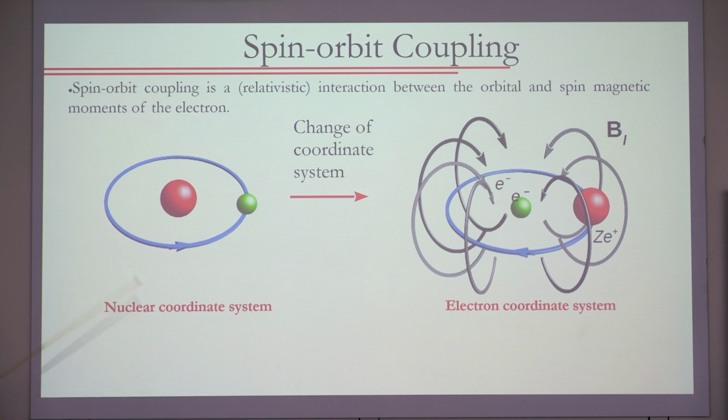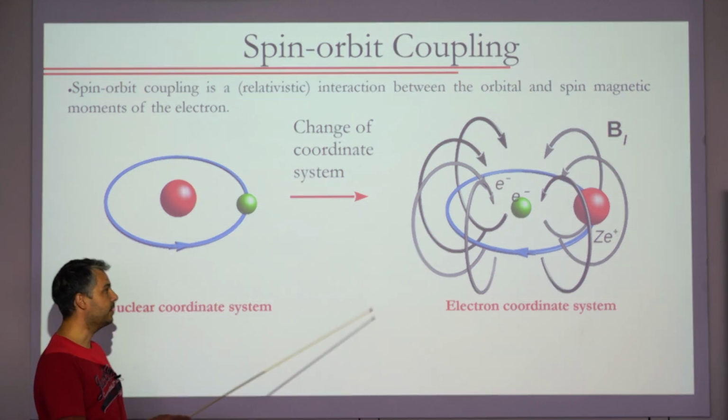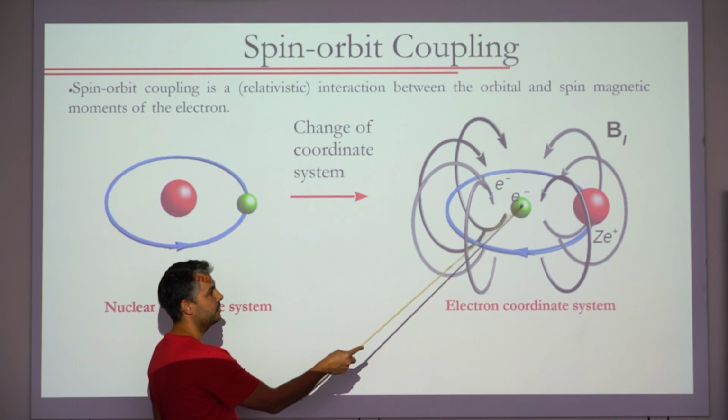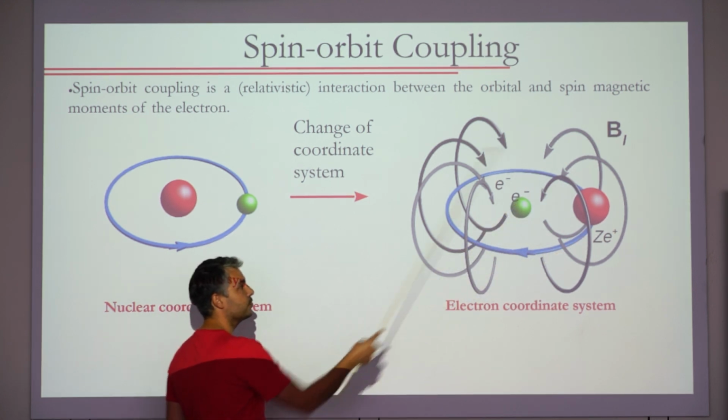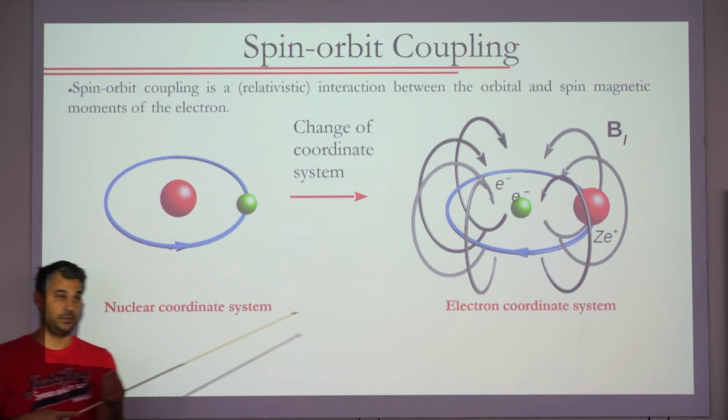Okay, I'm going to skip a lot, but basically you have an electron going around the nucleus. Moving charges generate magnetic fields. But because of relativity, Einstein's relativity theory, you can also think of this problem as the electron being stationary and the nucleus orbiting in the other direction around the electron.